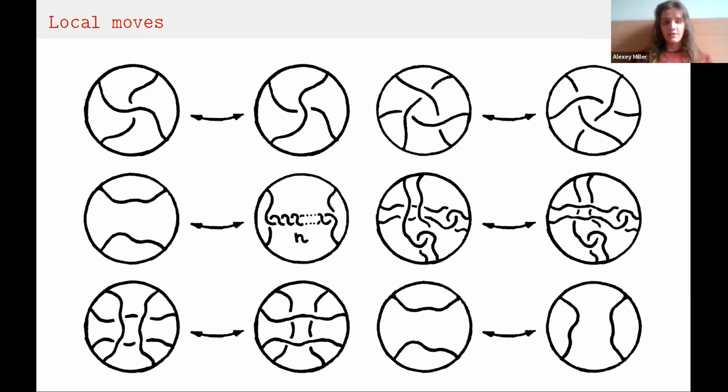Transformations that replace an n-thread tangle with an n-thread tangle are called local transformations, local moves. We can see some classical local moves: X move, delta move, and so on, H2 move for band surgery, pass move.